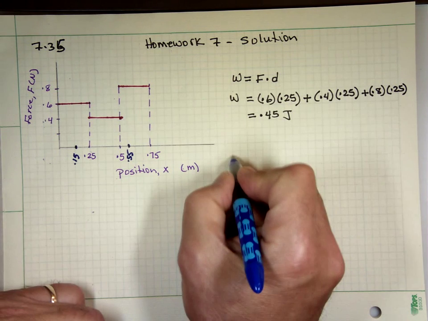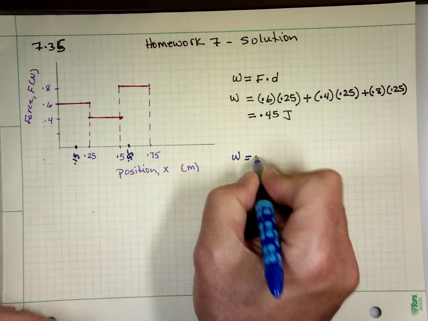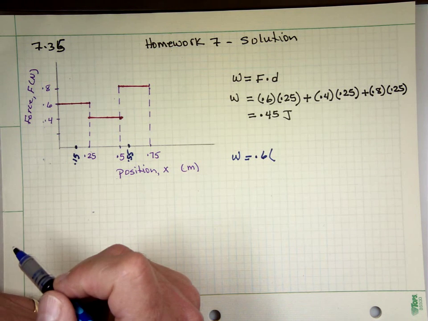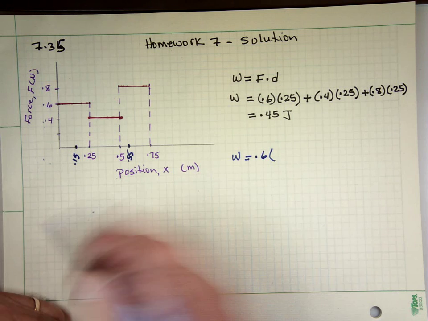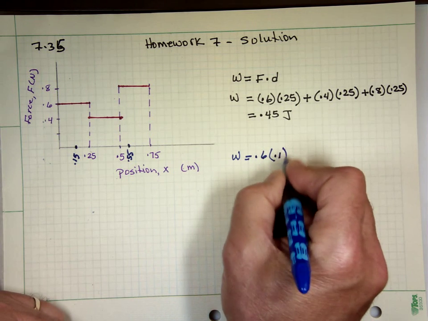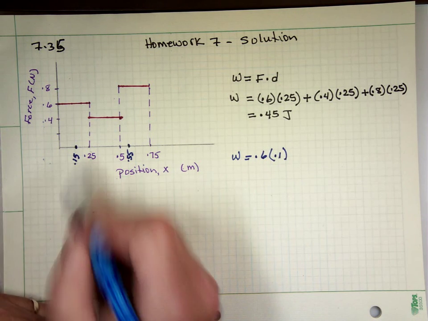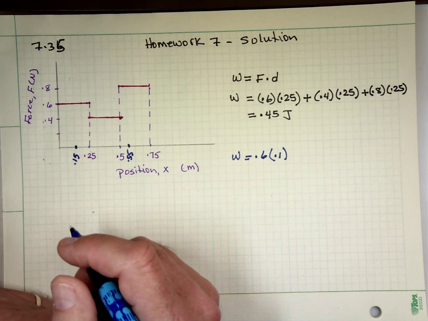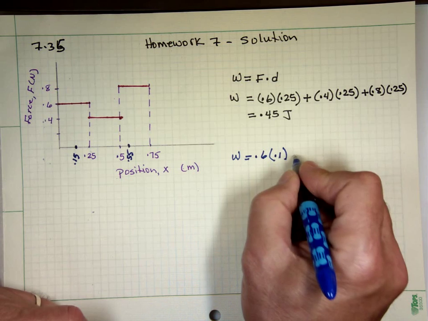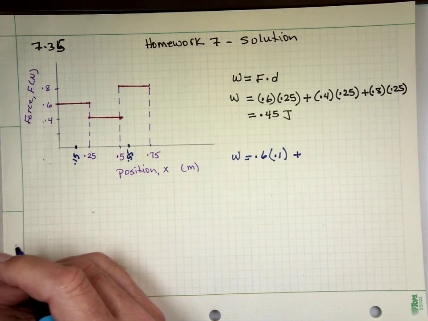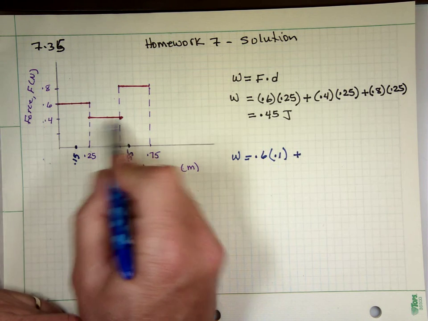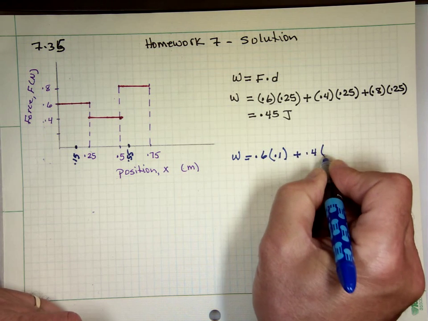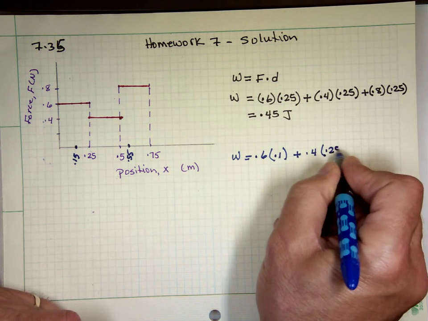Well, the work here, let's look at the first one. It's going to be 0.6, but now the distance from 0.15 to 0.25 is going to be what? 0.1. The distance is only 0.1. From 1.5 to 2.5, that's 10 more, right? Add to it this work, the entire whole thing, which is 0.4 times 0.25.